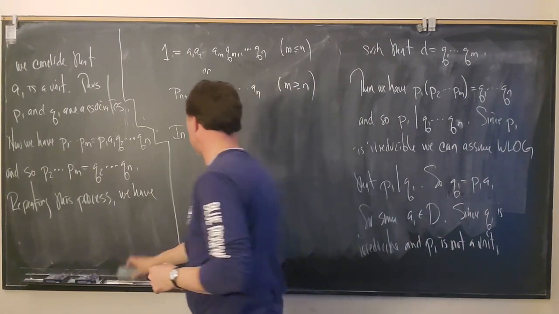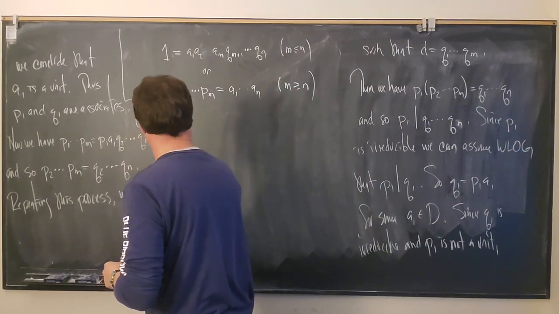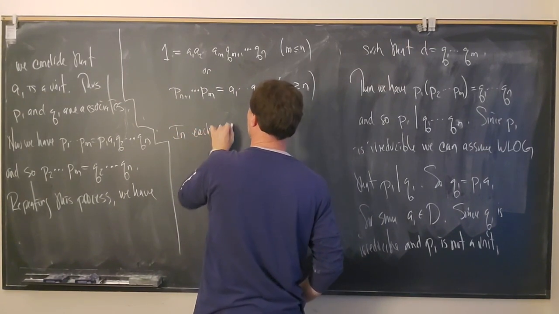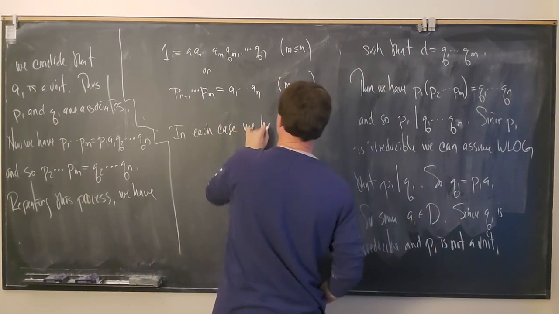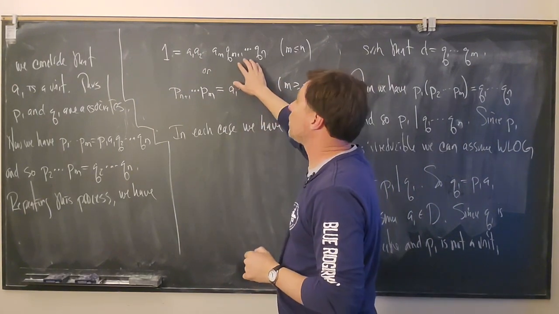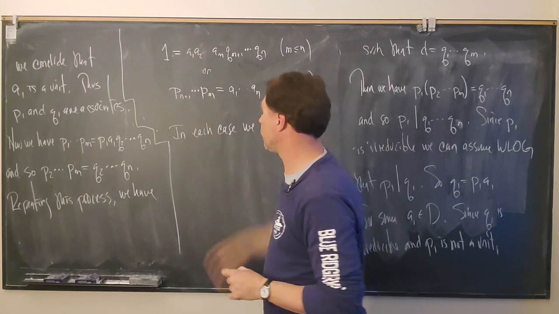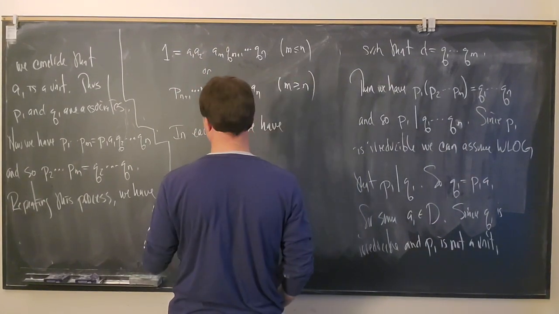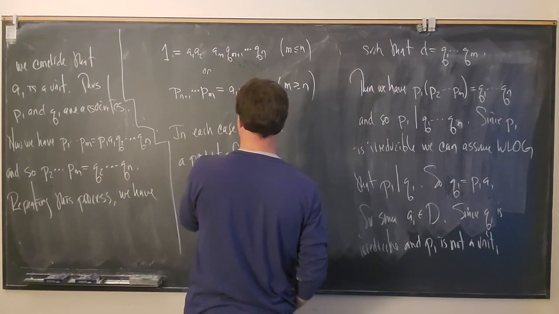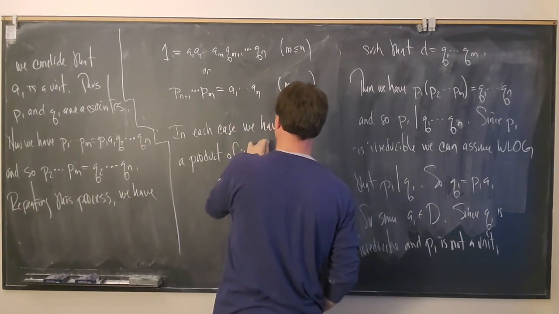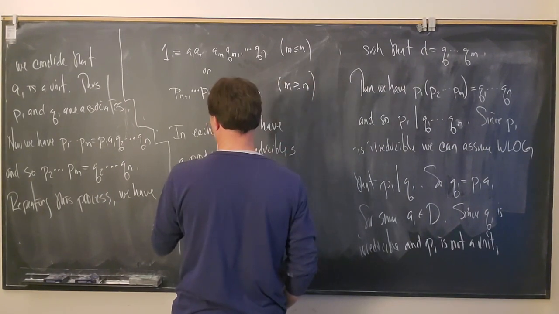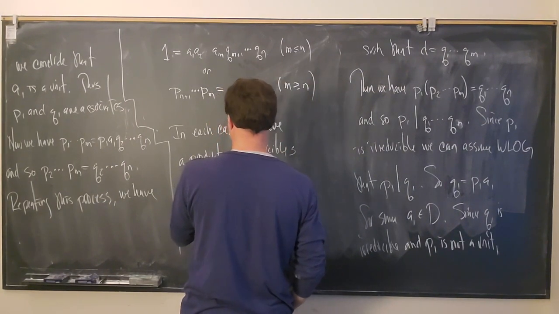So in each case, we have a product of irreducibles equal to a unit.